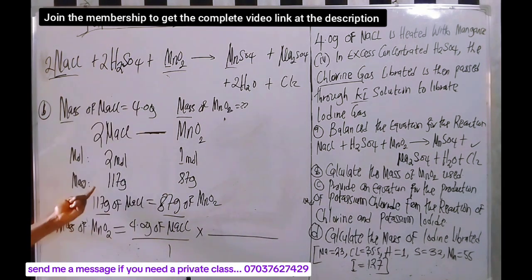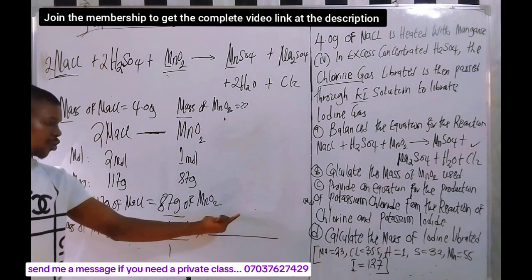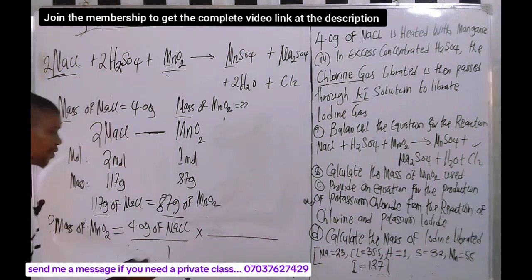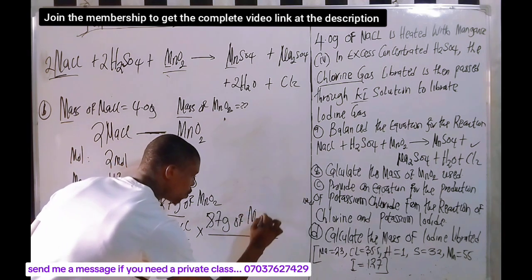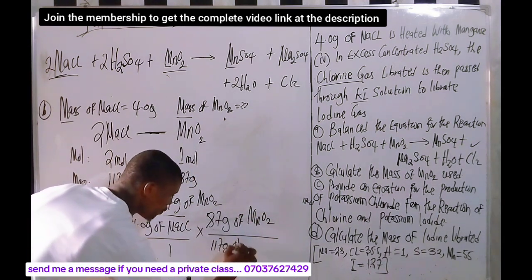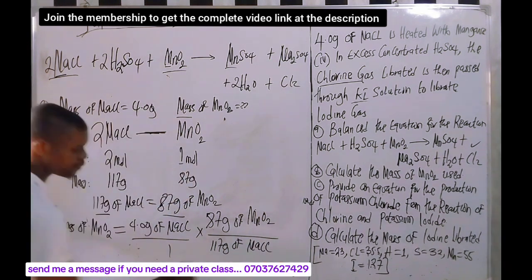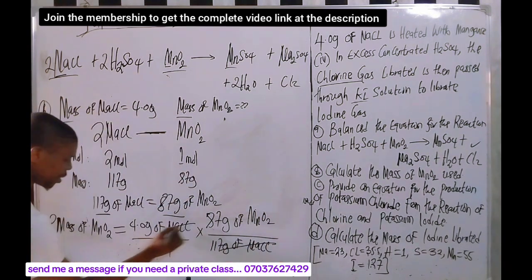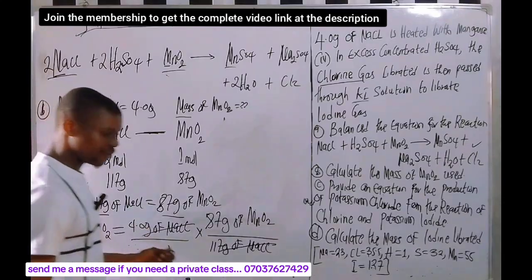I'm going to put 117 gram of NaCl at the bottom and the 87 gram of MnO2 at the top so that they can easily cancel. You see that this will cancel out this one here. So what we want is 4.0 times 87 divided by 117.